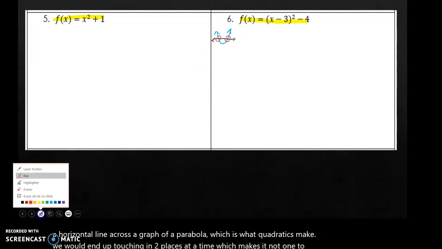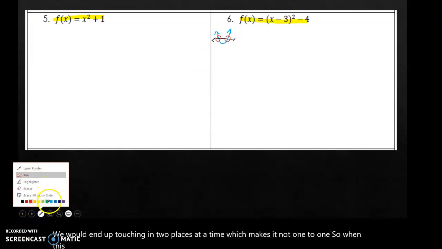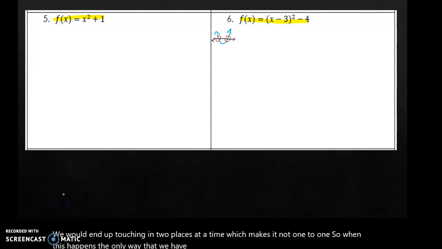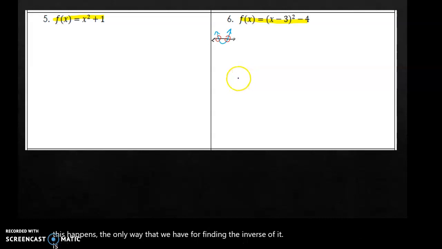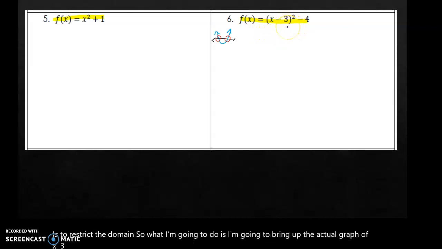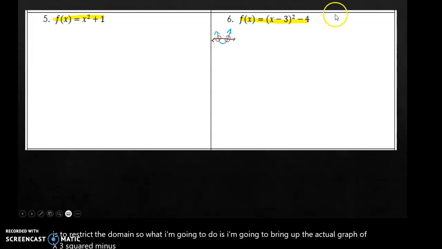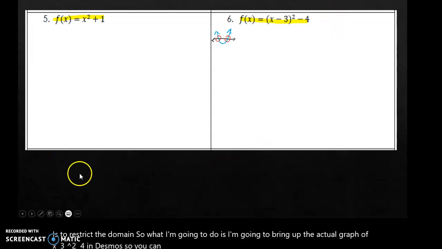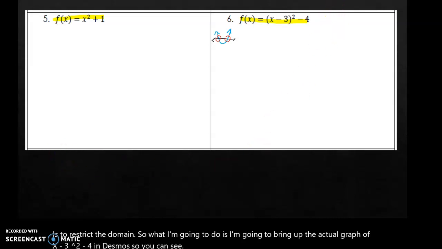So when this happens, the only way that we have for finding the inverse of it is to restrict the domain. So what I'm going to do is bring up the actual graph of (x minus 3) squared minus 4 in Desmos so you can see how to restrict the domain.